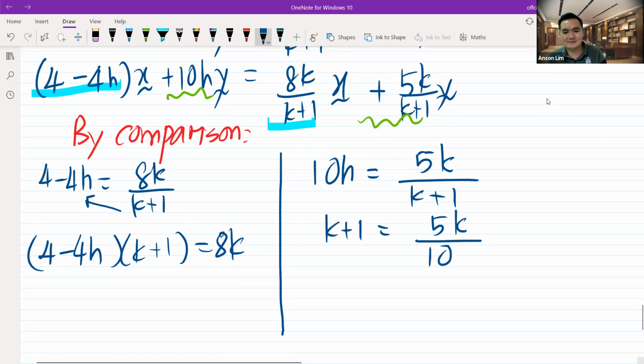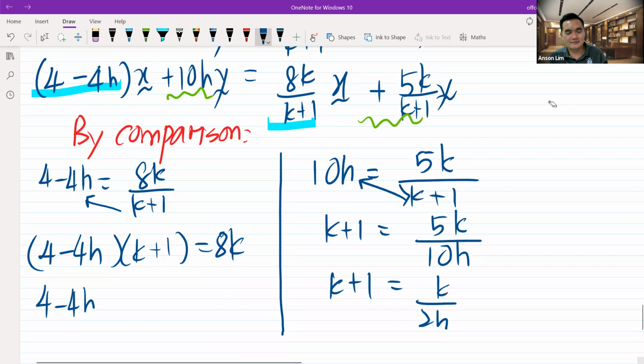Easier. K plus 1 equals 5 and 10 cut, you get K over 2H. Then you substitute in here, sub in here, K over 2H.